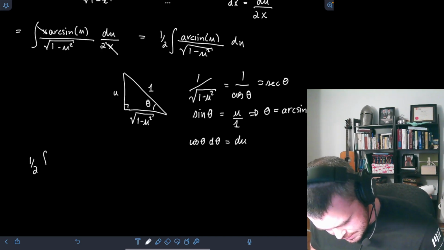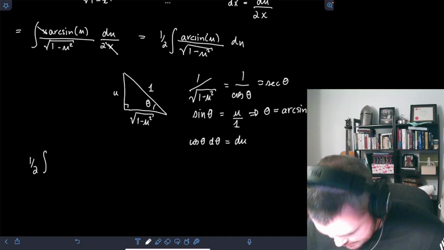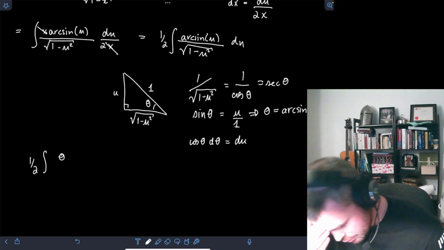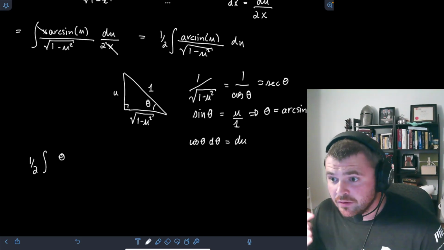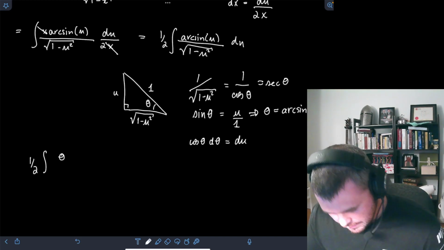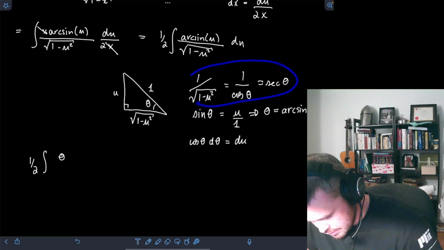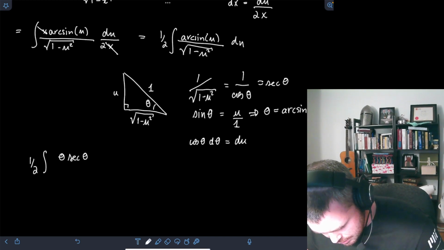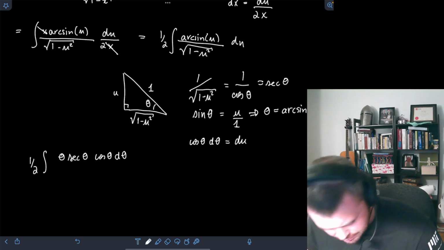1/2 times, well, arc sine u is nothing but theta, yes? So we have theta, and 1 over this square root of 1 minus u squared is secant theta, right? That's what we said here. So we can write this as secant theta, and du is nothing but cosine theta d theta.